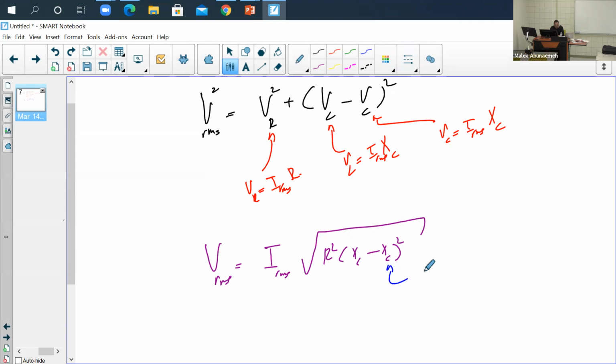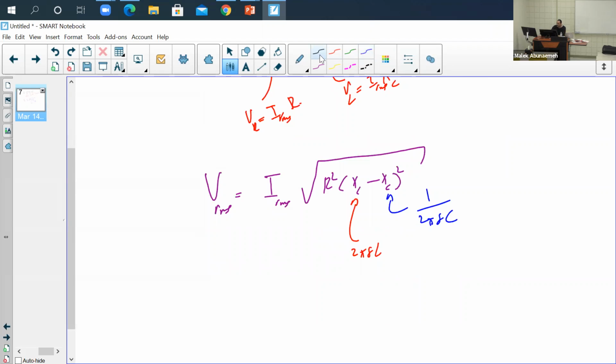XC is going to be 1 over 2 pi F multiplied by the capacitance C. XL is going to be 2 pi F multiplied by the inductance L. And we said that the whole thing we're going to call Z.